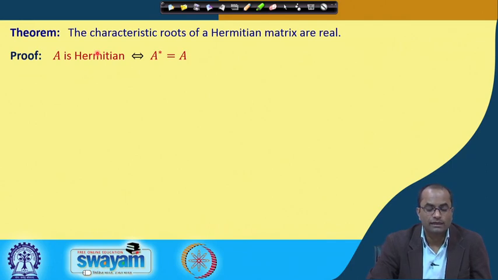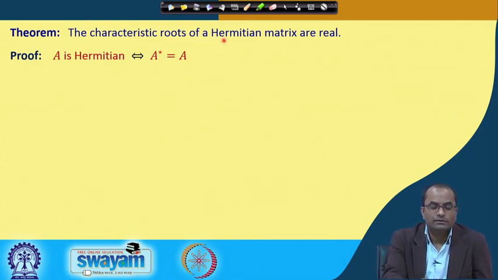For Hermitian matrices the roots are real, because we have also seen that though a matrix may have all real entries, we can get the characteristic roots as complex numbers. We have seen in previous lectures an example of a very simple 2 by 2 matrix with real entries whose characteristic roots, the eigenvalues, were non-real, so complex.